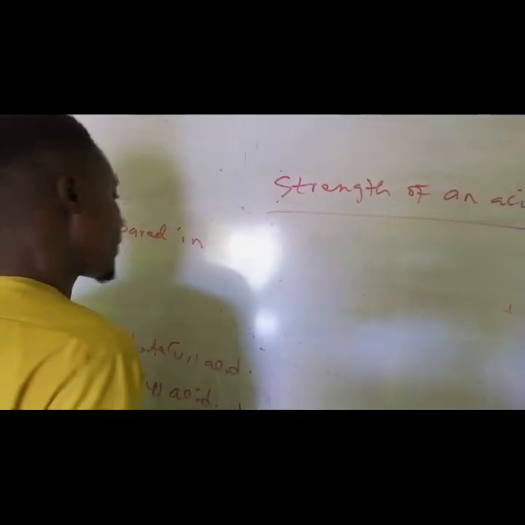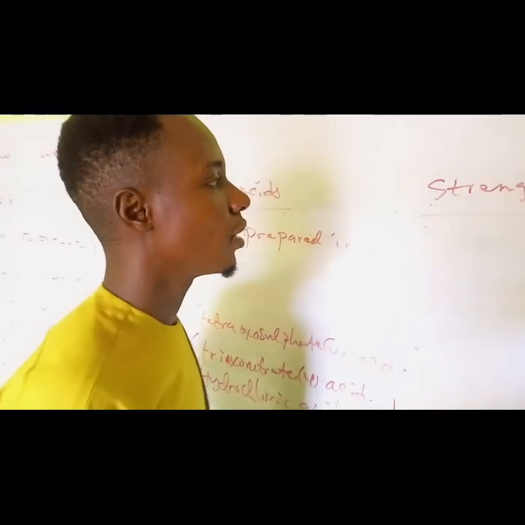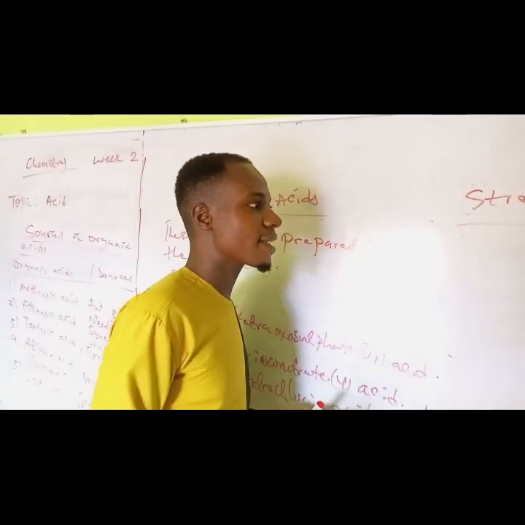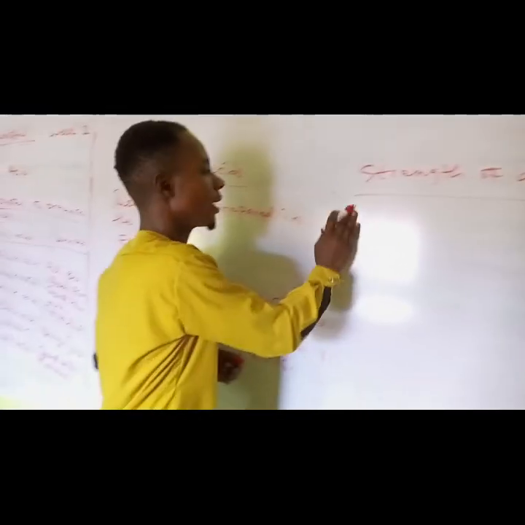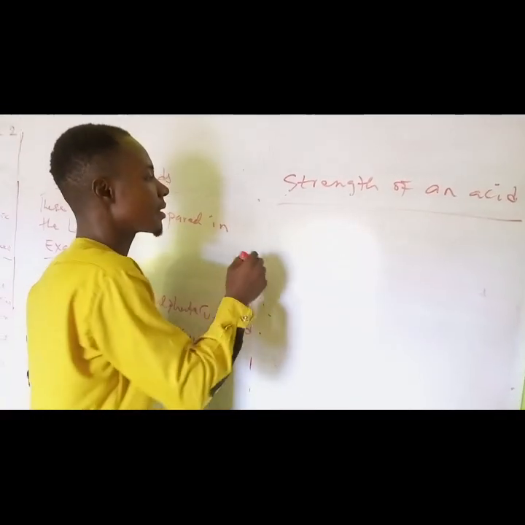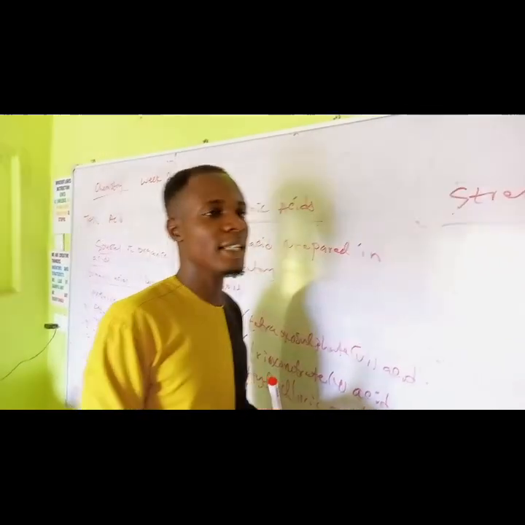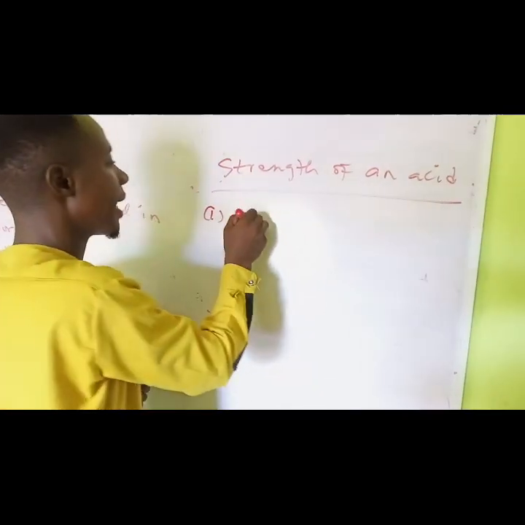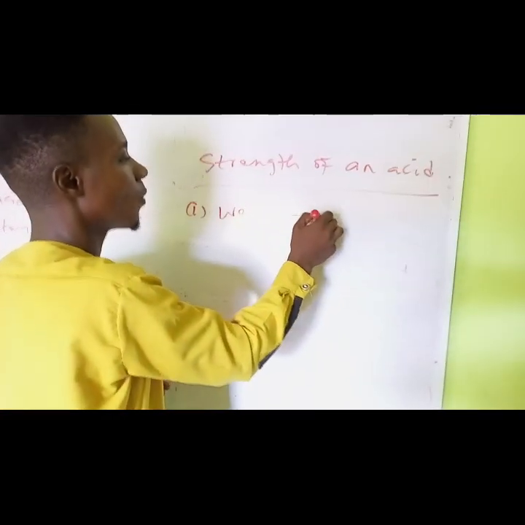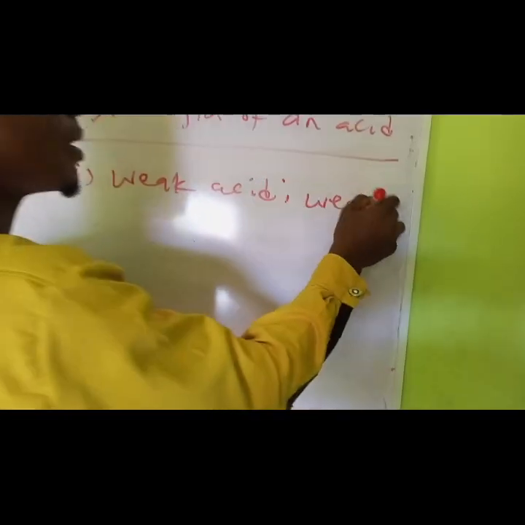When we talk about strength of an acid, we are trying to say how will this acid ionize when you put it inside water. Based on that, we have acids that ionize partially in water, and this is called weak acid.